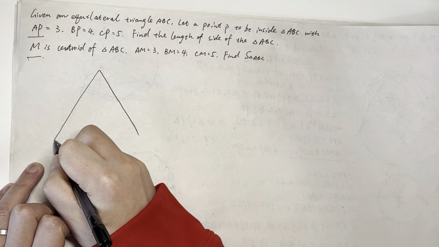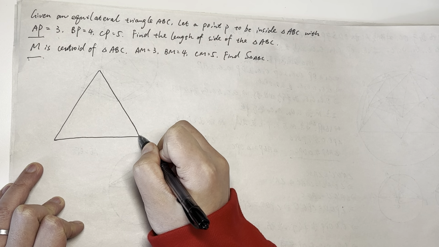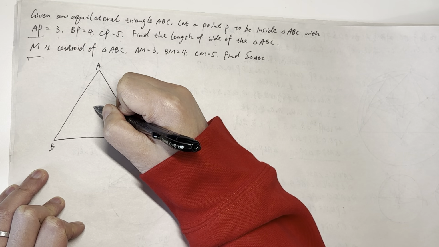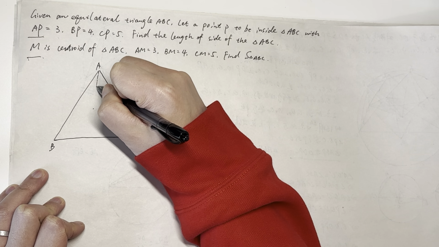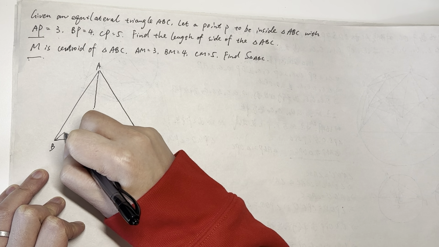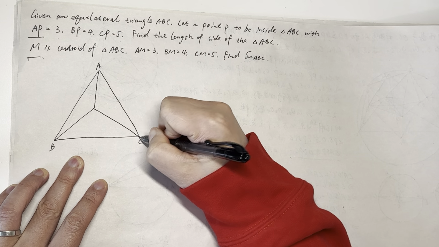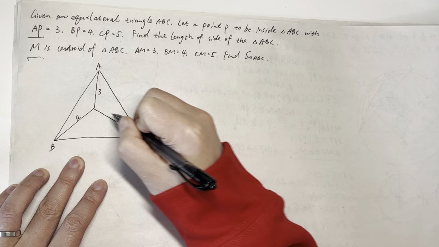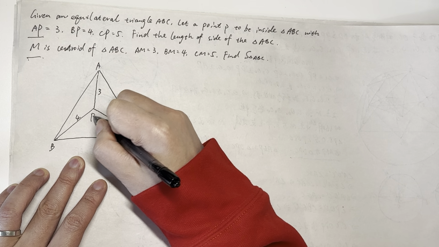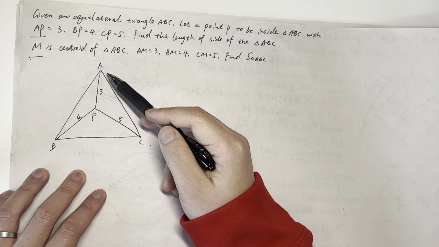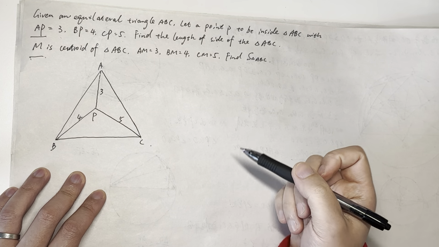And we just need to find how to make that right triangle. But let's just draw an equilateral triangle first. So call it ABC here. And let's say this is 3, 4, 5. This is point P, right? And we want to find the length of the side of the triangle.